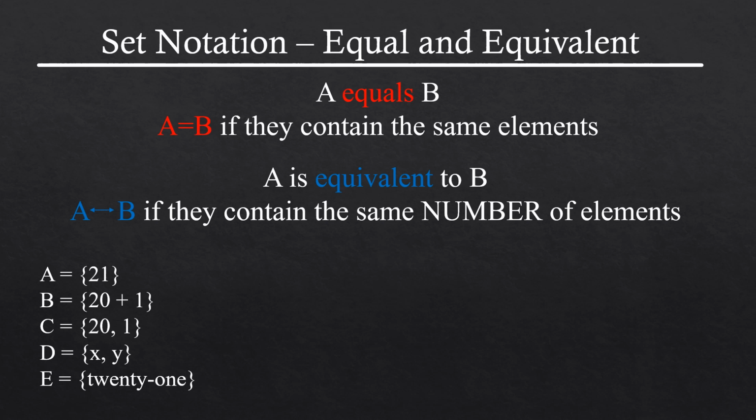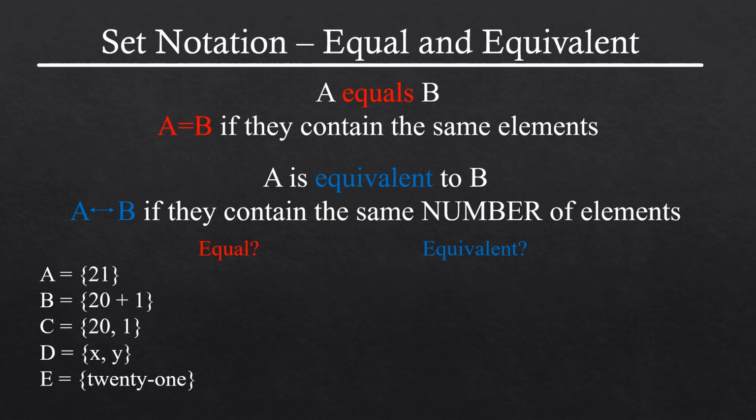We have A, which has the number 21 in it, B, which has 20 plus 1, a math operation, C, which has the number 20 and the number 1, D, which has X and Y, and E, which has the word "21" in it. Let's take a look at how this is all going to play out.